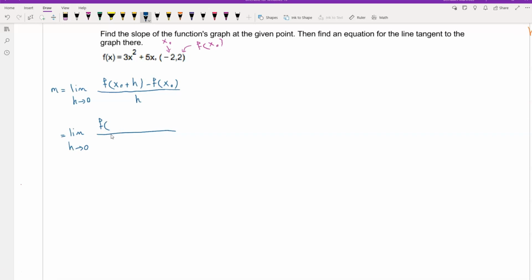So finding slope, we have to find limit as h approaches 0 of f of x naught plus h minus f of x naught divided by h. And here our x naught is negative 2. So we have f of negative 2 plus h minus f of negative 2 divided by h. So our x naught is negative 2.